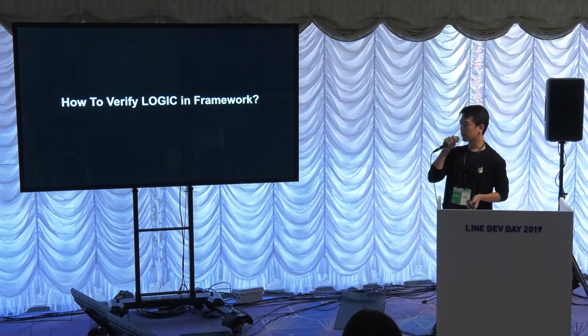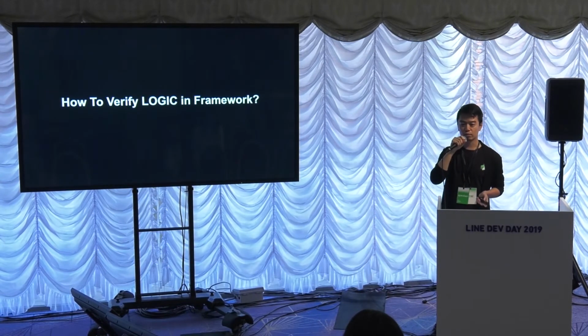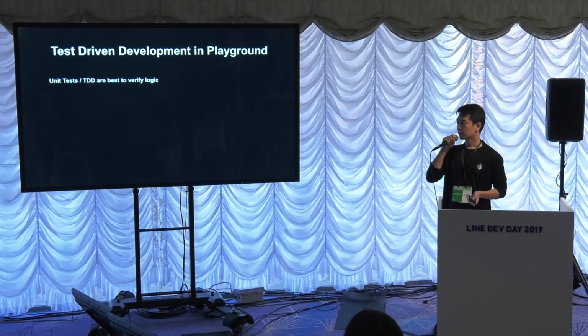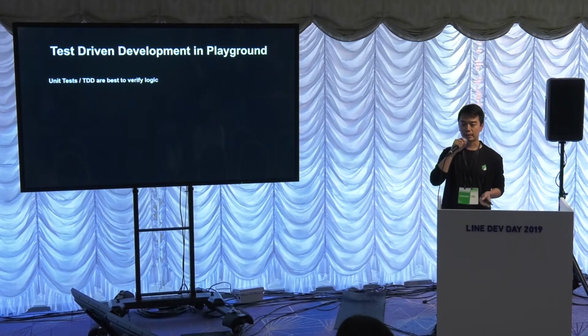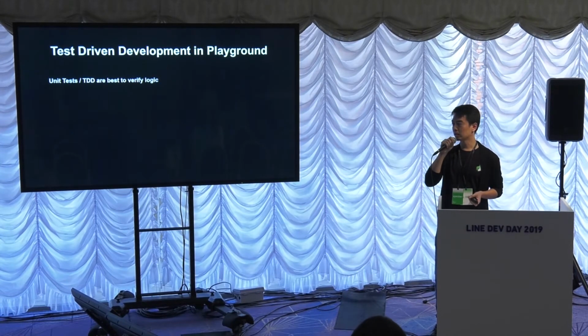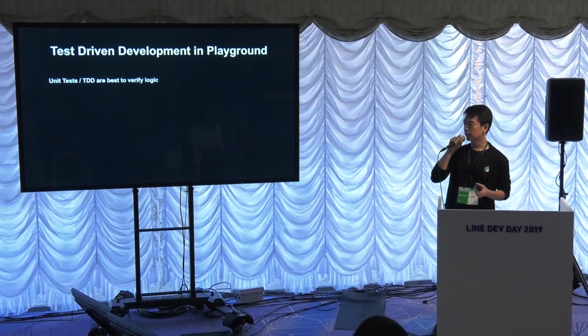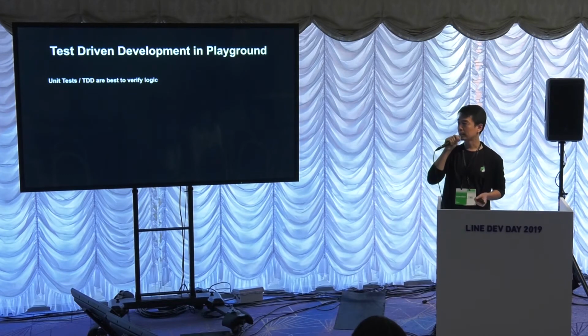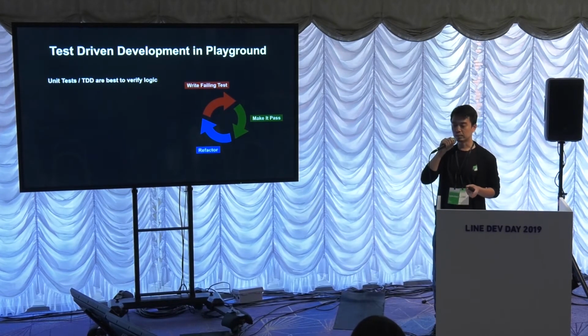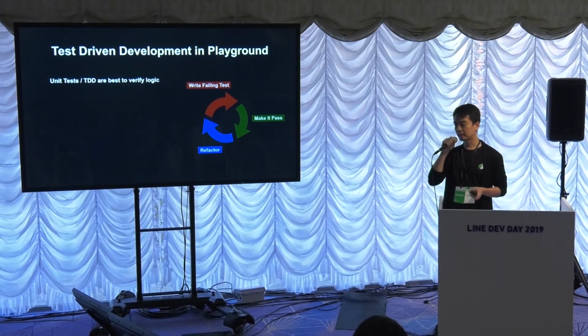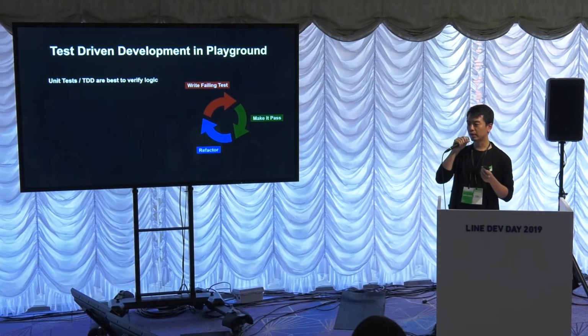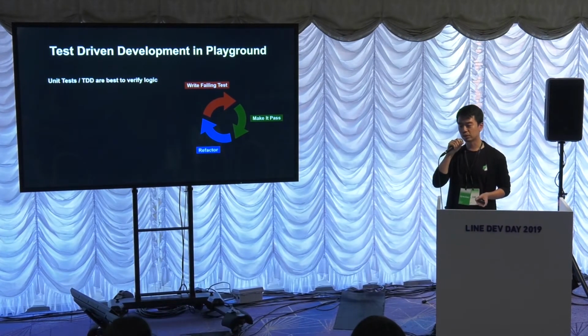And then how do we verify the logic at framework level? Besides manual testing, we often use unit tests and TDD, test-driven development. We start from a small failing test, and we write the test without any implementation.